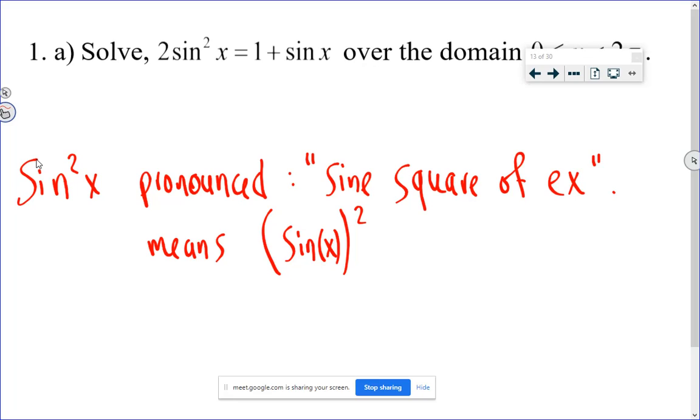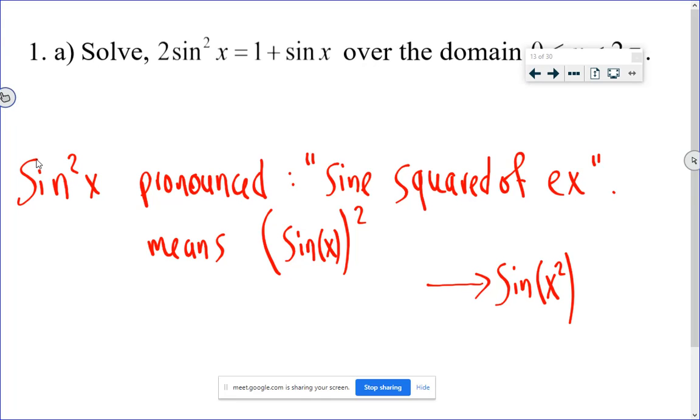And the reason we pronounce it as sine squared of x rather than saying sine of x squared is if somebody says sine of x squared, they mean that. So whenever you see something like this, this is sine of x squared. When we want to say we're squaring the whole trigonometric ratio, we say sine squared of x.